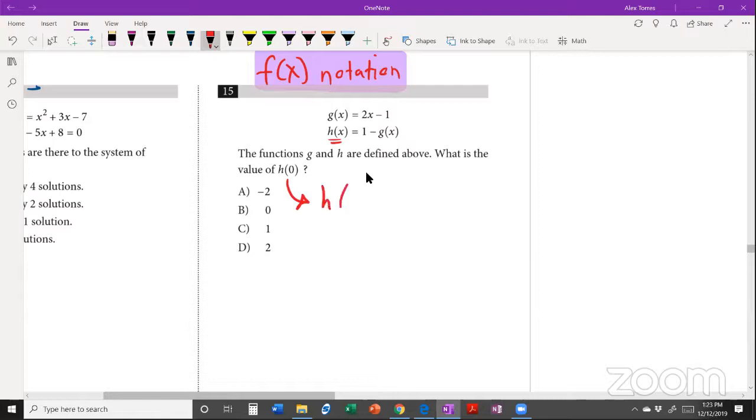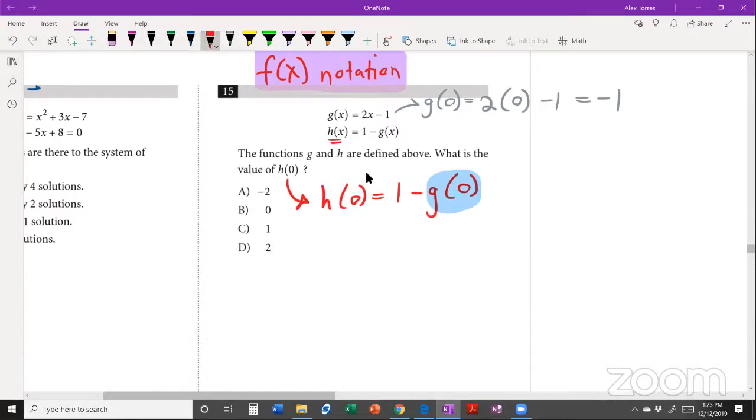That's h of 0 equals 1 minus g of 0, whatever that is. So now this is kind of a function within a function. This blue part right here is saying, go to the g function and plug in x equals 0. So let's do that. G of 0 is 2 times 0 minus 1. 0 minus 1, so it's negative 1.